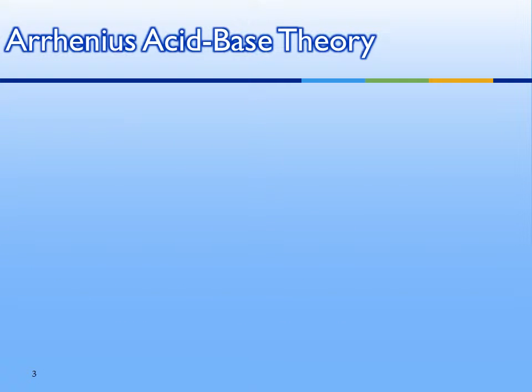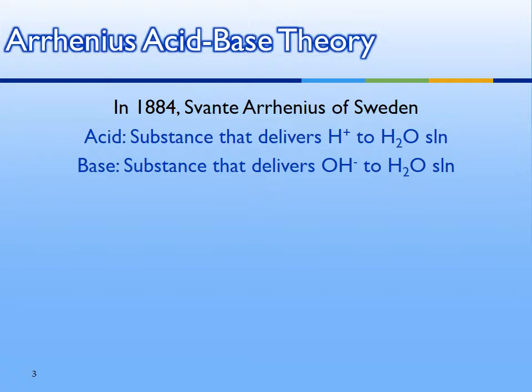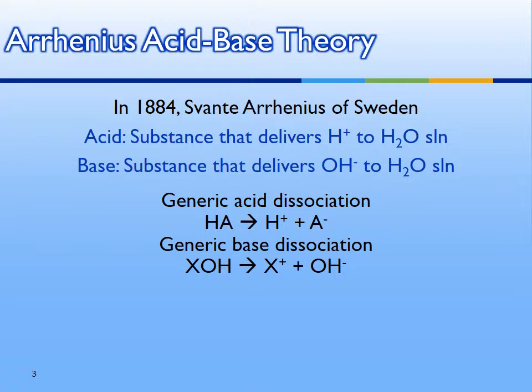Now, let's start with the oldest acid-base theory, which was developed in 1884. It says that an acid is a substance that delivers hydrogen ions into the water solution. Base delivers the hydroxide ion into the water solution.